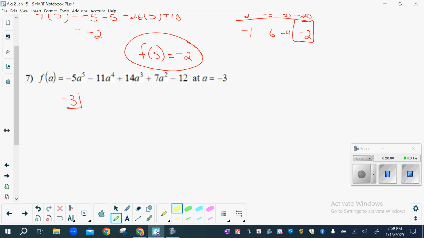My example was a little tricky. I didn't mean to make it tricky, but it is. -5, -11, 14, 7. What comes after 7? Zero. If there's a missing power, you have to put 0 there.